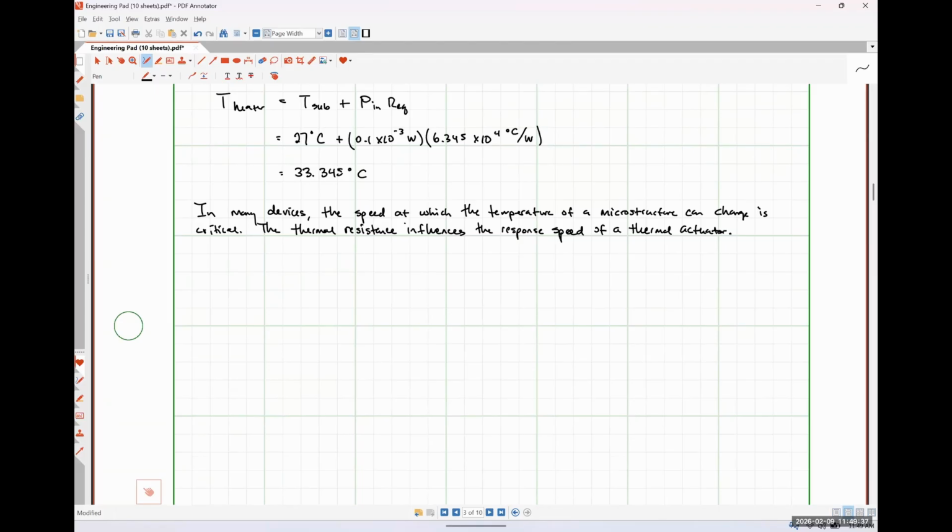So we're going to have Q, our thermal energy in joules, will be equal to SH, which is our specific heat, measured in joules per kilogram times a degree Kelvin, multiplied by our mass, measured in kilograms, times our change in temperature.